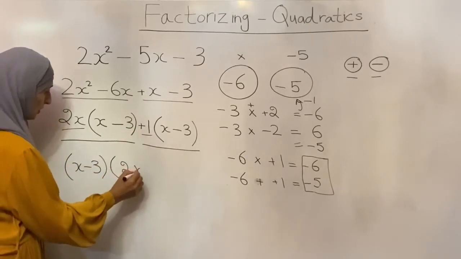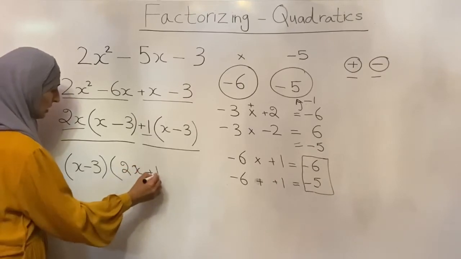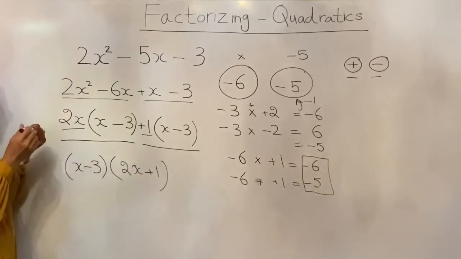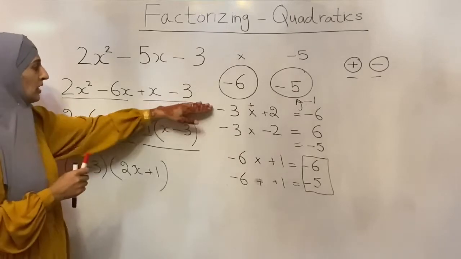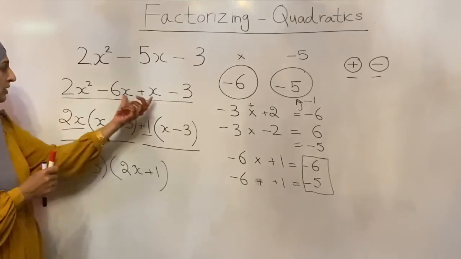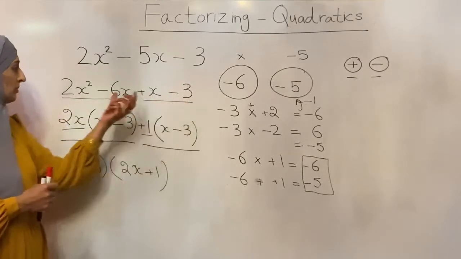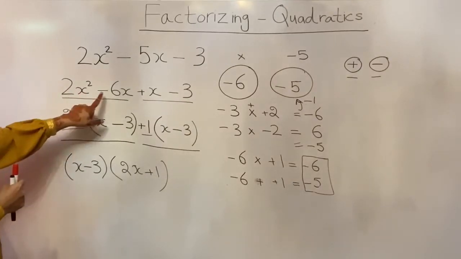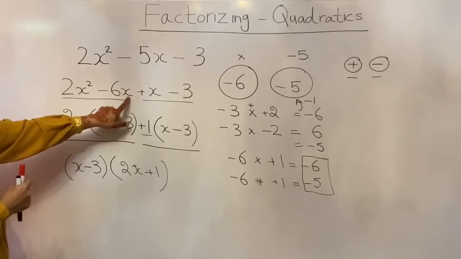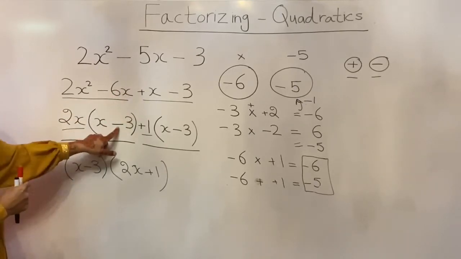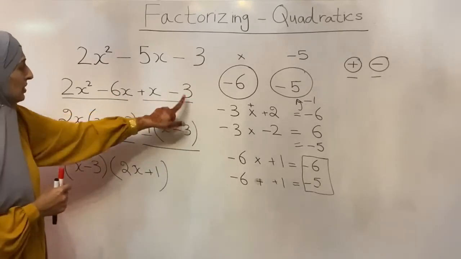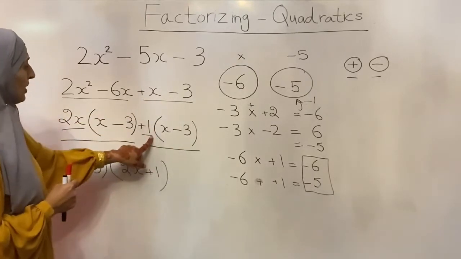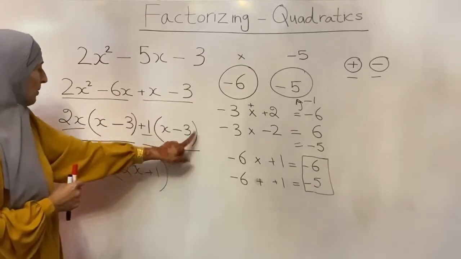So, learn how to write the leftovers. In these two equations, when there are 4 terms, I've divided them into pairs of 2 terms. So I've taken common 2 from this equation. X was common because there are 2 x's, there's only 1 x, x outside, x minus 3. There's nothing common in these 2 terms, plus 1 is common, x minus 3 remainder.